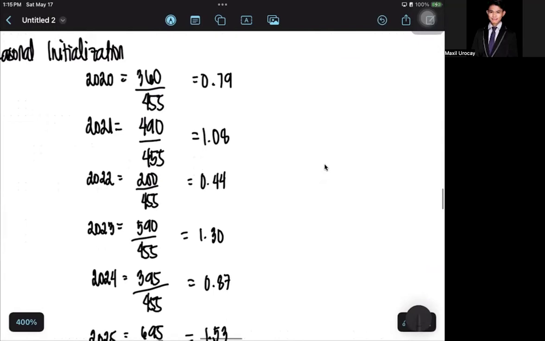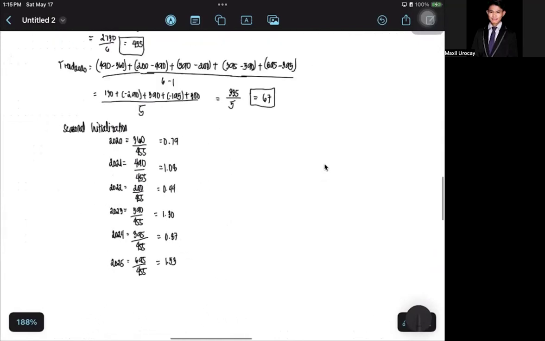So we're done with the calculation for the seasonal initialization. Take note of that.